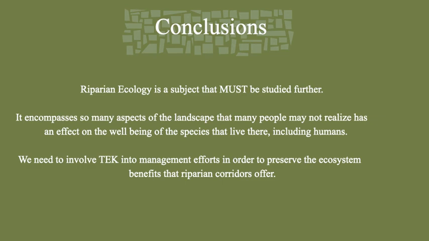And then also, I think that it's important to involve traditional ecological knowledge into new management efforts so we're able to preserve these ecosystems and the benefits that riparian corridors offer for generations to come.